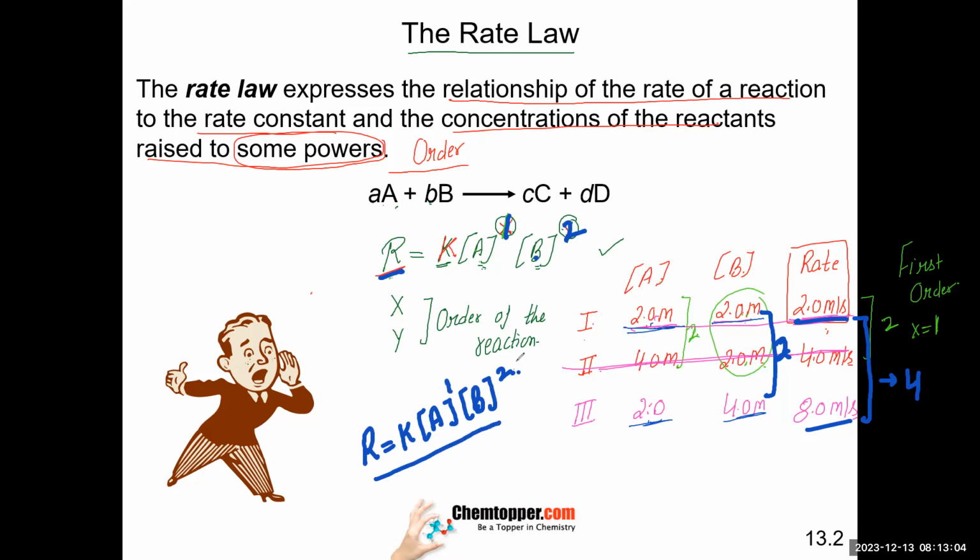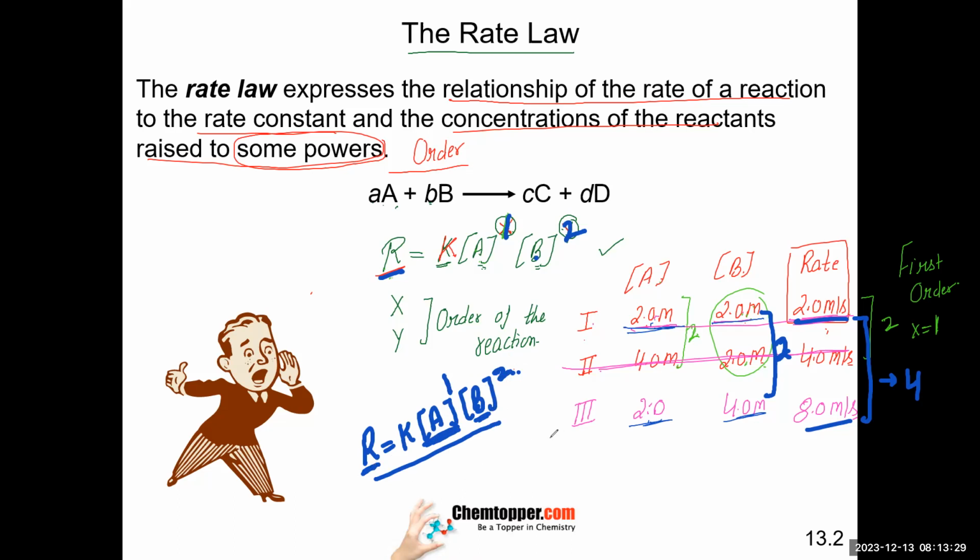Are you getting the meaning of the order? Whatever number of times you change the concentration of A, if it is first order, the rate will also increase by that many times. But if it is second order, if you double the concentration, it will become 4 times.